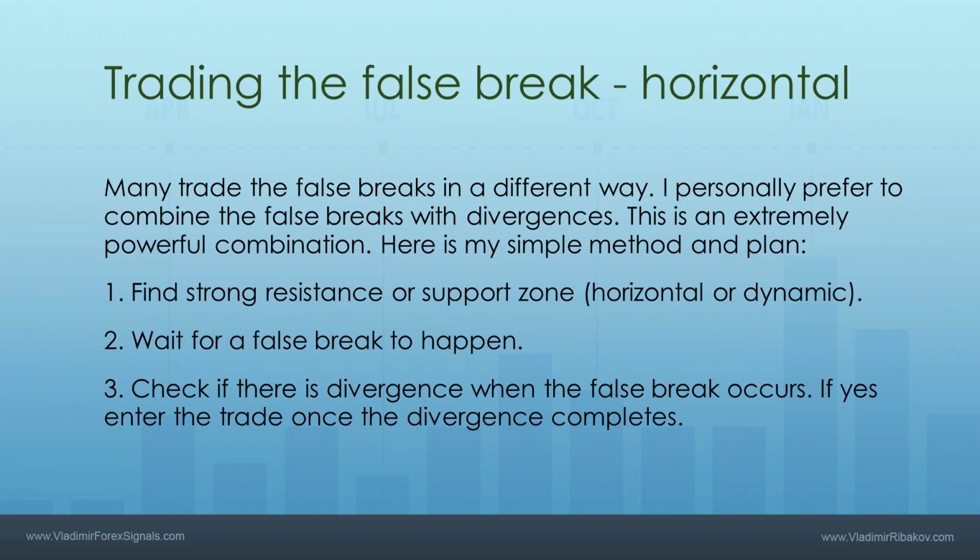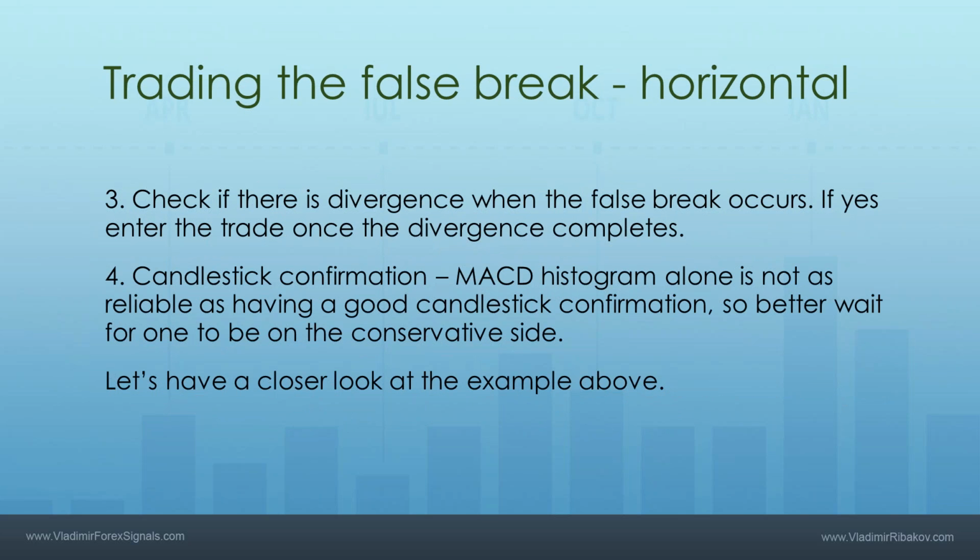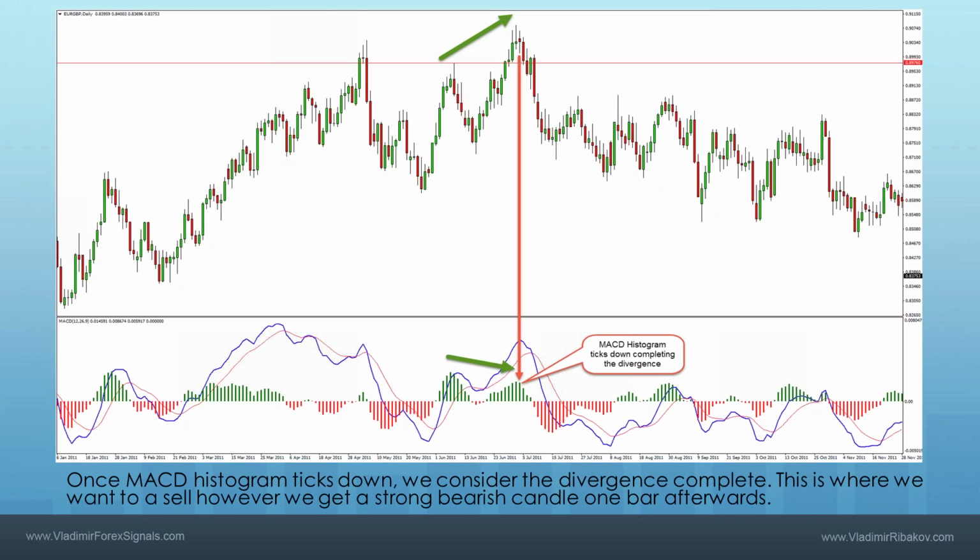Those who don't know what divergence is, please watch the Divergence webinar. All right, and the last one is the candlestick confirmation. So we have the close above or below the last high or low to complete the false break and the divergence. Take a look here, guys. Is that a reliable false break, yes or no?